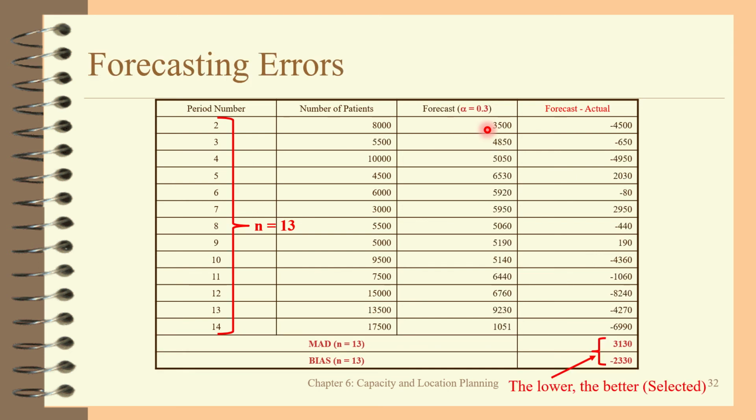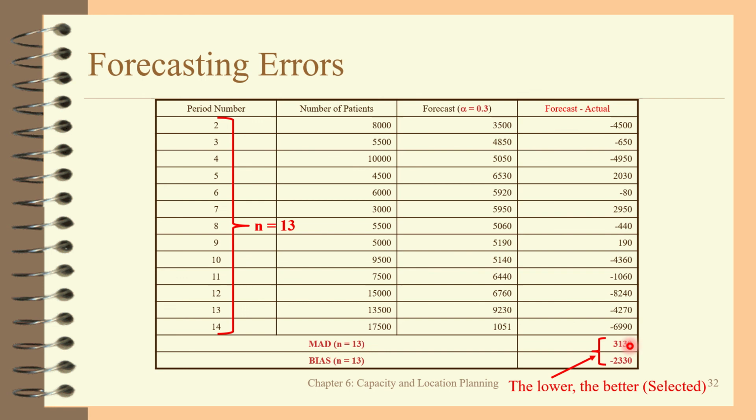You repeat the same procedure and then you can get the value of MAD and bias for exponential smoothing with alpha equal to 0.3. You got MAD of 3,130 and bias of minus 2,330.